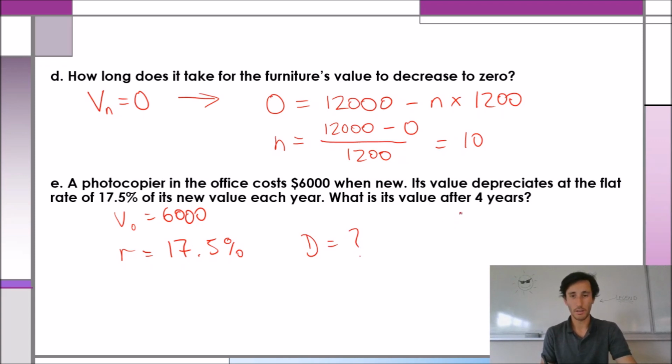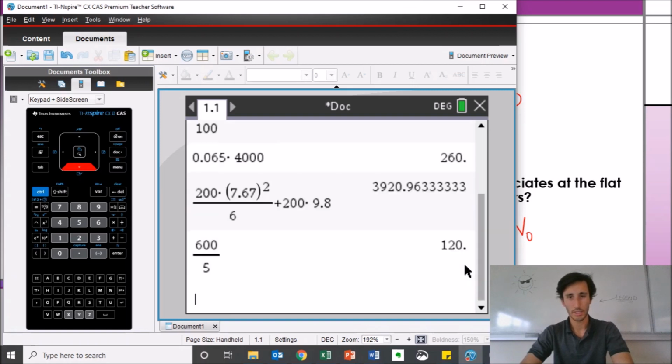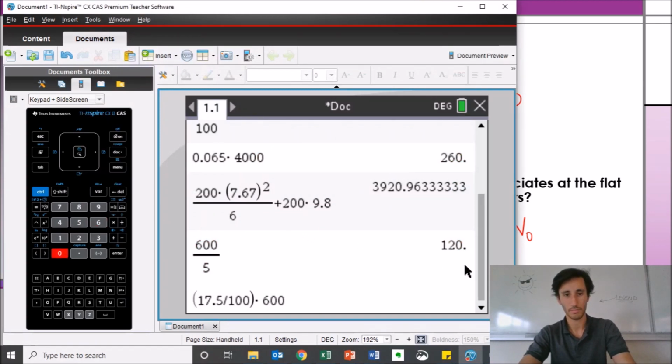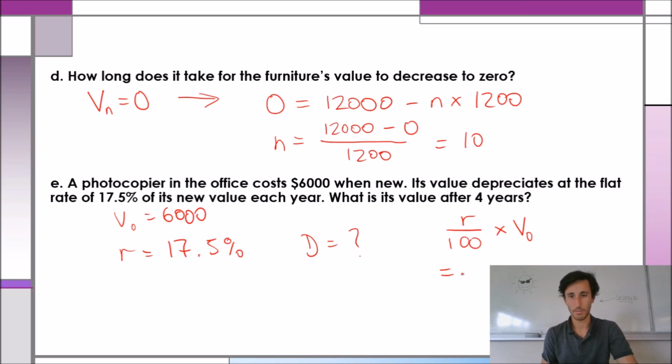The way we figure that out is R over 100 times V0, which is 17.5 divided by 100 times, and we'll put that in bracket, times V0, which is 6,000. 1,050. So our D is equal to 1,050.